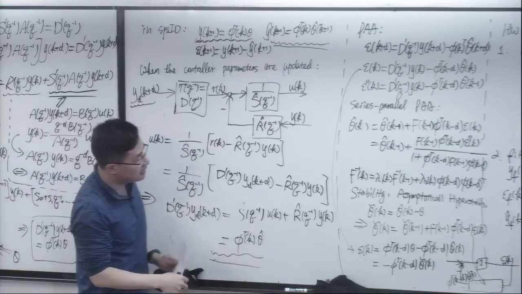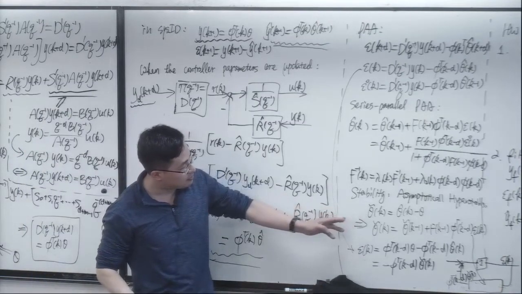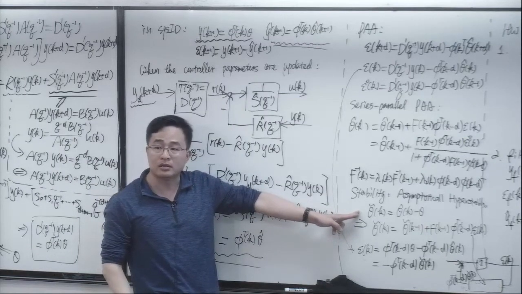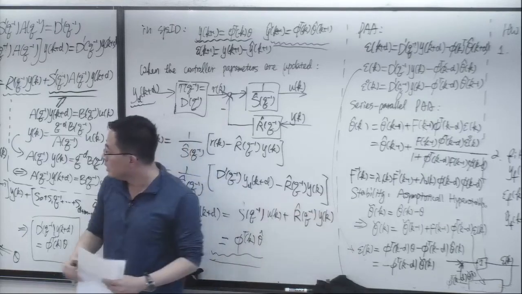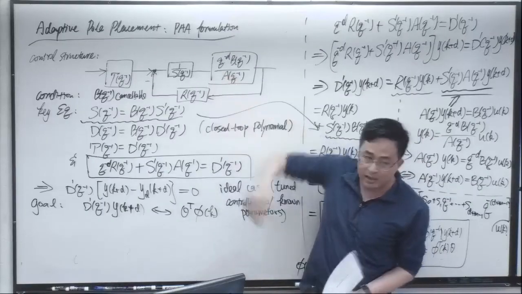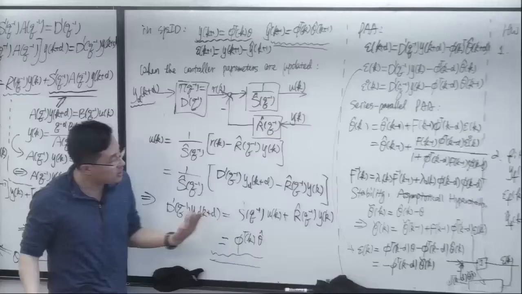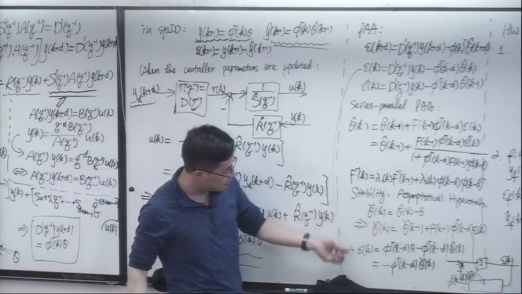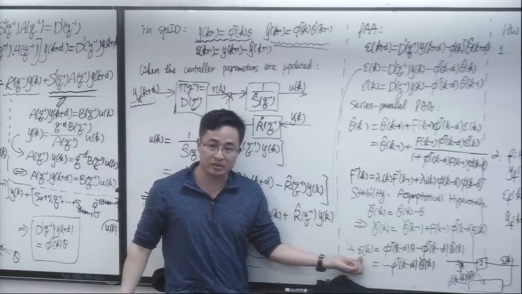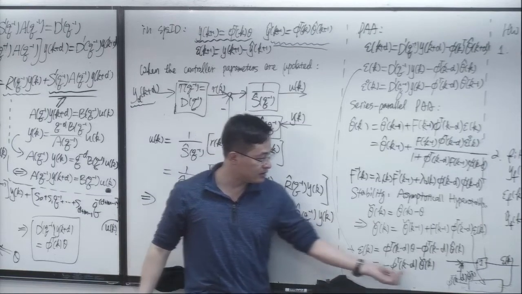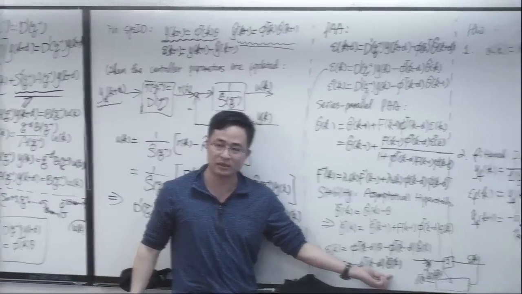So therefore, the convergence may not be exactly 100% accurate. In other words, we may have some ideal controllers that will reach this Diophantine equation, but what we can only guarantee is that it's hyperstable, so this epsilon signal will be small. And that doesn't necessarily say theta hat is converging to theta.